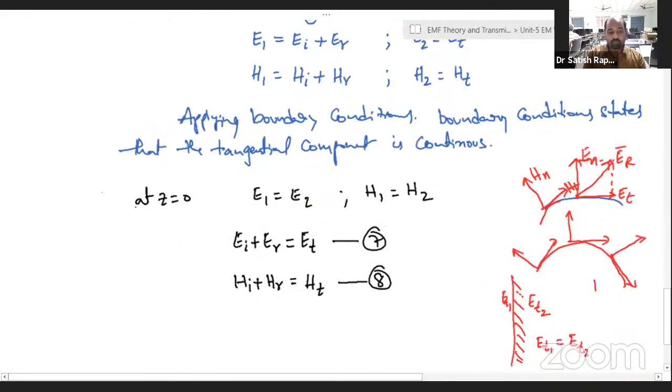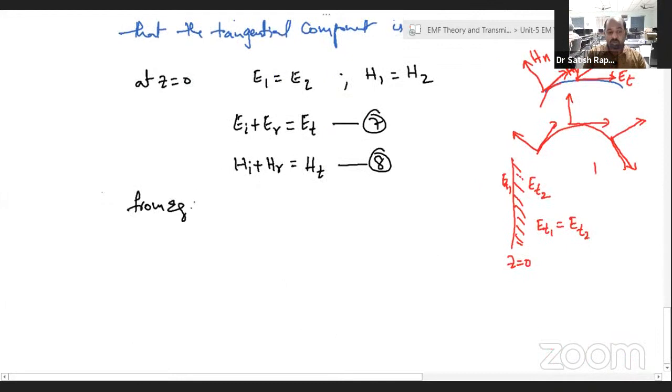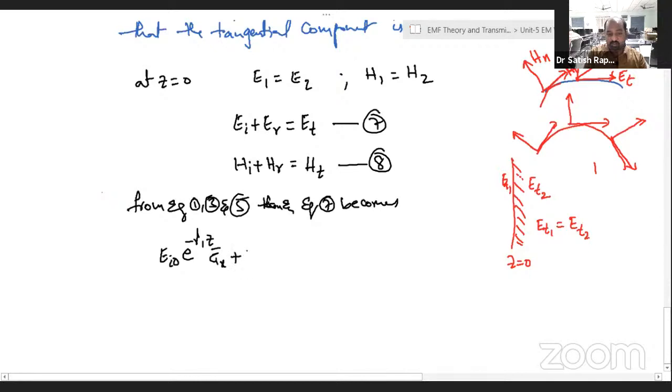Therefore from equations 1, 3 and 5 we can write, equation 7 becomes Ei is equal to Ei naught e power minus gamma 1 z ax bar, the incident field, plus Er naught e power gamma 1 z ax bar, the reflected field, is equal to the transmitted field.